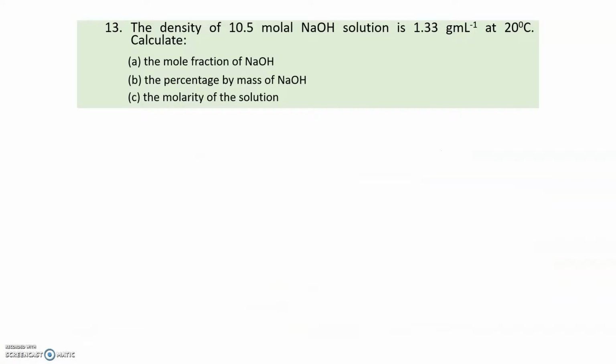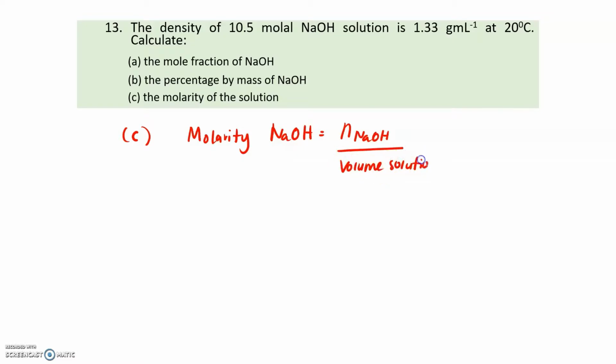Okay, for C, the question asks about the molarity of the solution. So first, you write the formula of molarity. Molarity of sodium hydroxide is equal to mole of sodium hydroxide over volume of solution, in liter. Mole of sodium hydroxide from our assumption is 10.5.